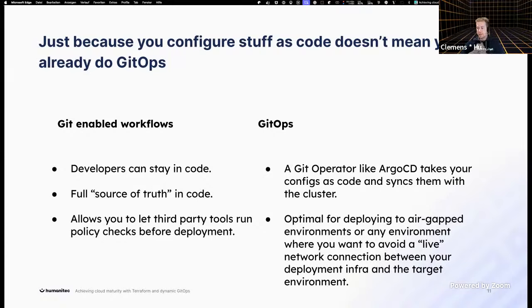This is, and this is a core trait that we are observing, optimal for deploying to air-gapped environments. So every time you rush into an environment which is high security, like real high security, you have air-gapped environments, and GitOps is a perfect way to work with these environments, because not only does it give you a clear system of record for any change to the system, so auditing and all of these concerns are cared for.